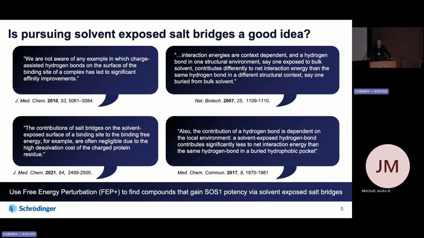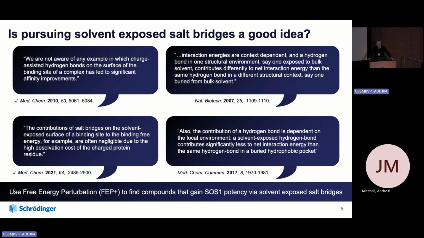But given that this is going to be challenging, we would really like to know ahead of time that these molecules are going to be potent if we put the effort into making them. And that's really where we turn to free energy perturbation, or FEP plus in our case, to try to find these compounds and maximize the odds that even though they were pursuing this unusual idea, they would actually be worth the effort.